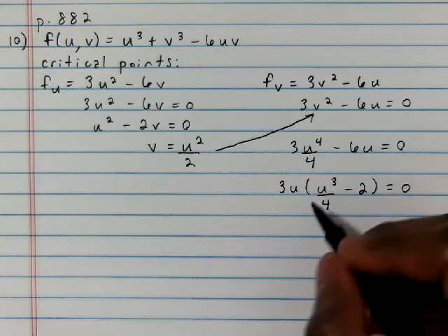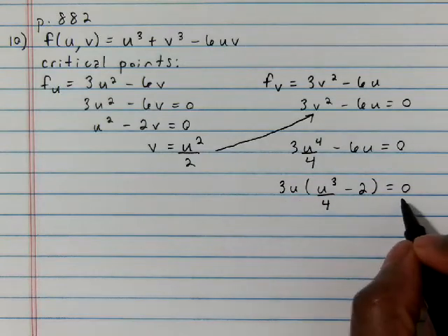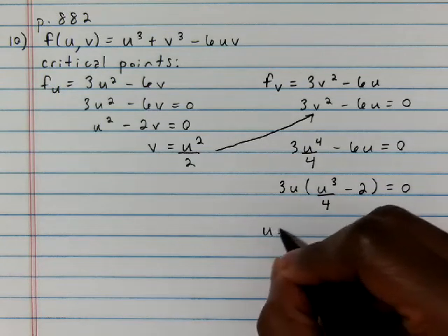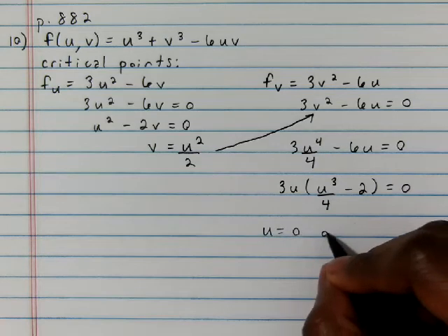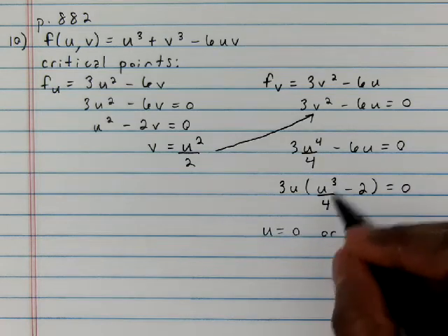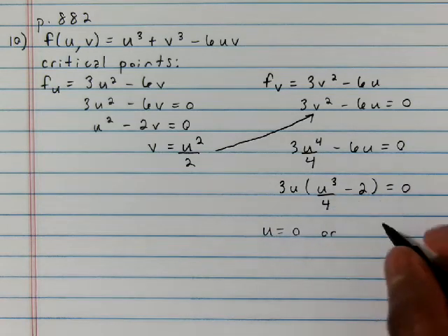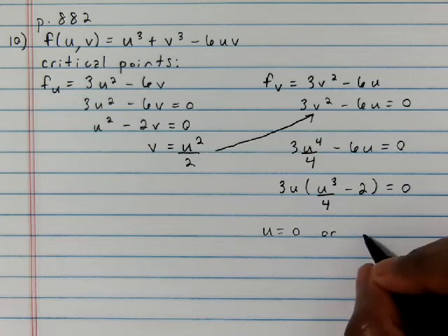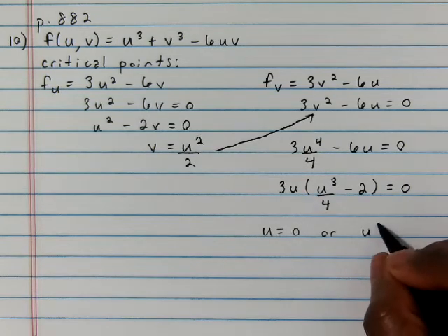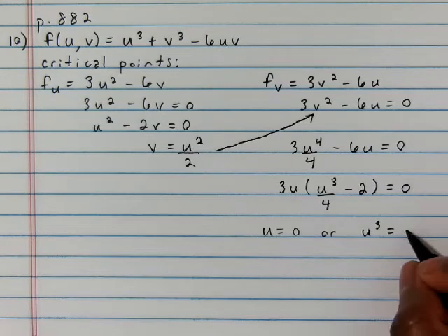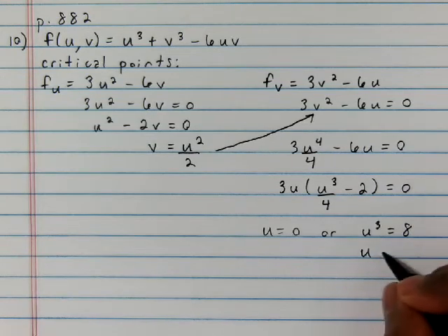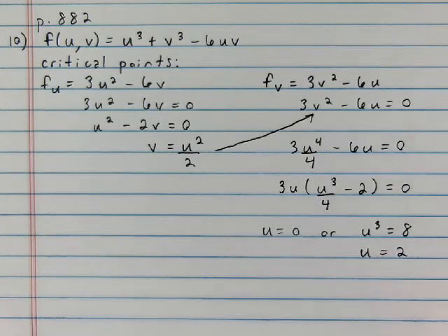So now that says 3u equals 0, which gives us u equals 0, or u cubed over 4 equals 2, which is u cubed equals 8, which says that u equals 2.